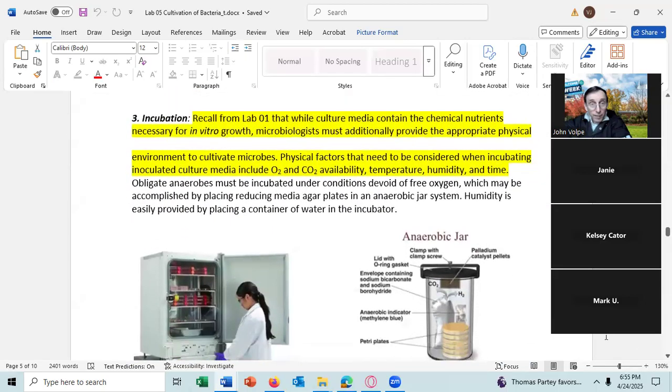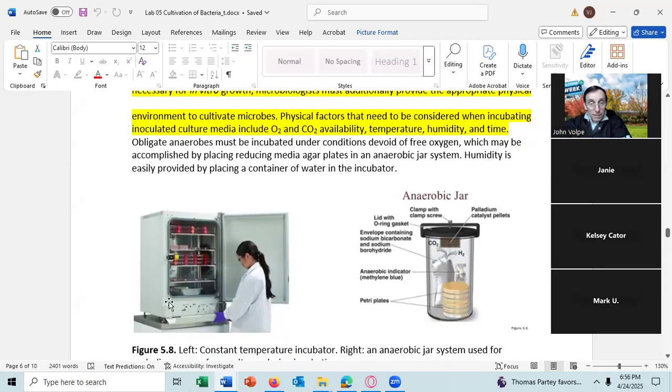All right. So incubation is putting the culture in an environment that will promote the growth of the bacteria. Usually we put our plates and our cultures in an incubator. In our microbiology lab, we only have simple incubators that simply heat.